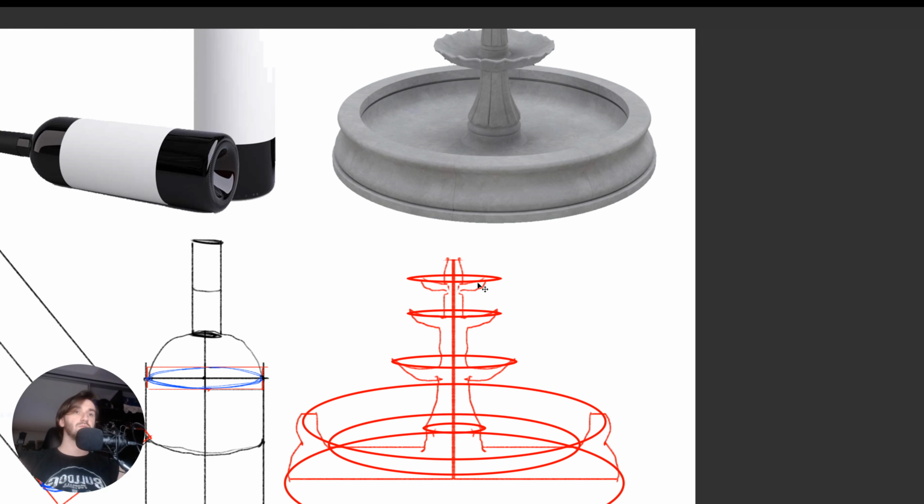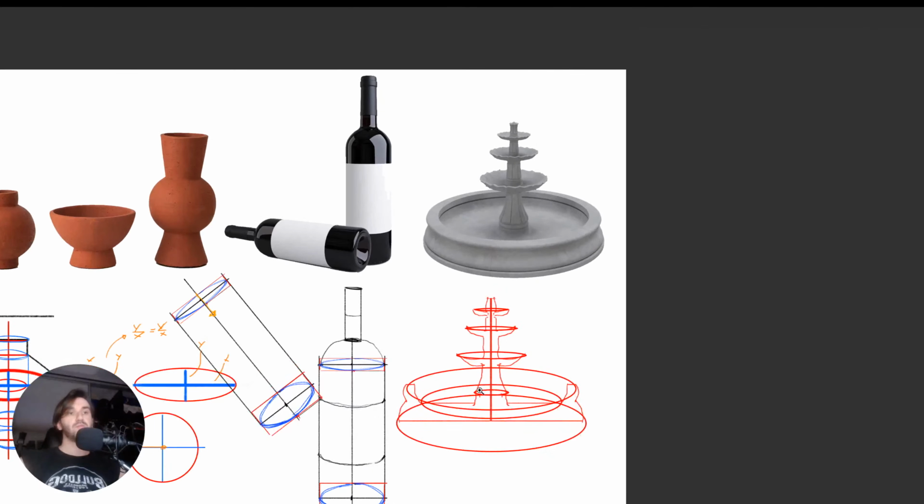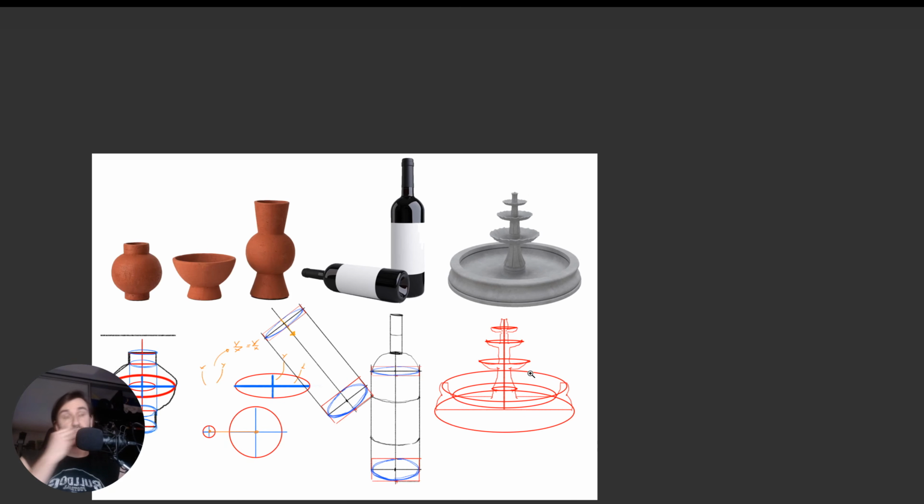So boom, boom, boom, and boom. And pretty much this is a pretty good mock-up for drawing some sort of a thing in perspective or for a painting, and it took like a minute or something like this. This is not really that complex at all.